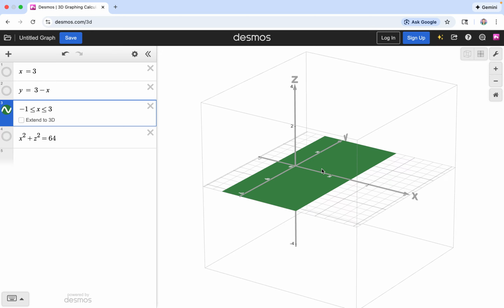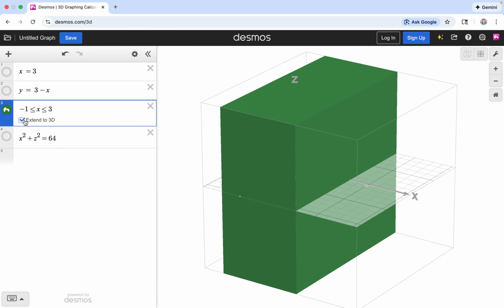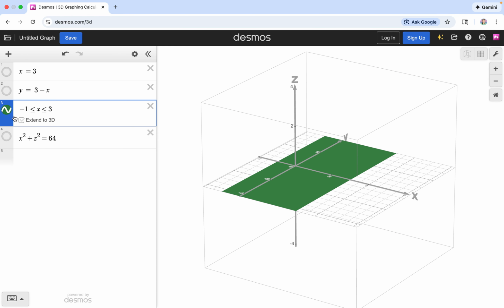If I extend it to 3D, notice that the only restriction is on x. So x goes from -1 to 3, so y is free. It takes every single value of y. But on top of that, I'm going to extend it to 3D, so everything will go up and down. It's like having infinitely many copies of this little sheet of paper. So it looks something like that. Look at that. That's what I tried to draw.